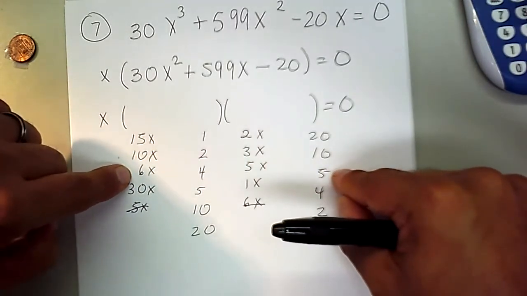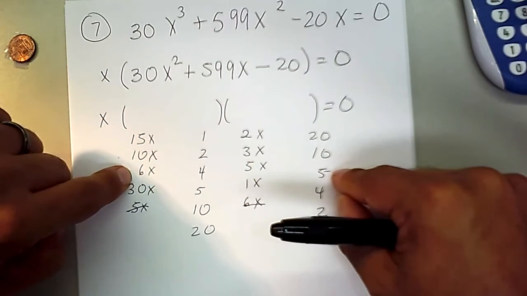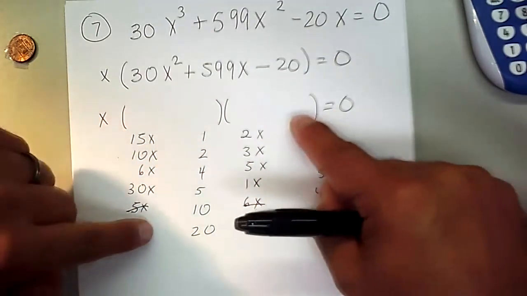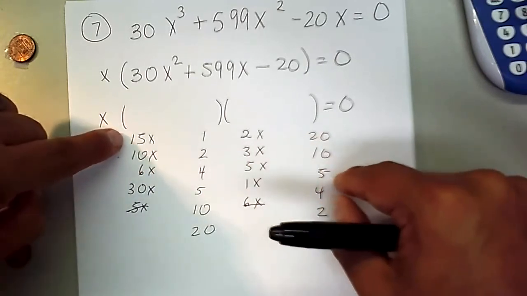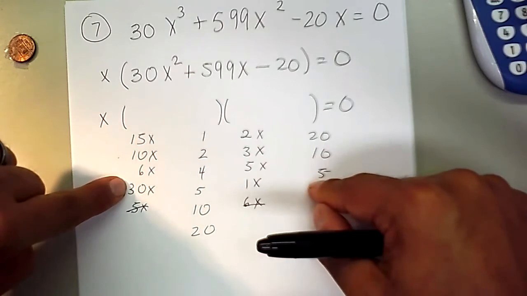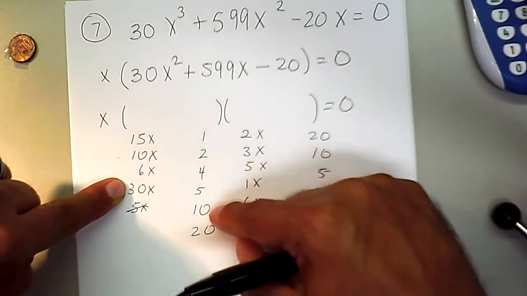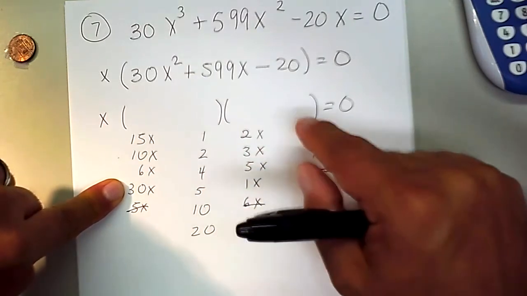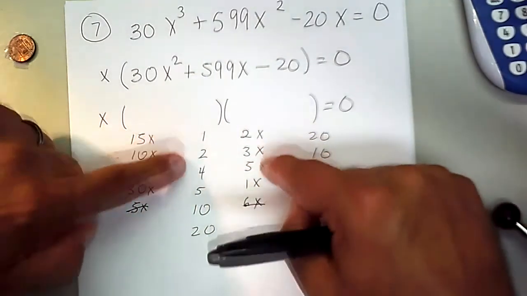Actually, I don't have to go in order. I have to kind of check all. Whoa, there's a lot of combinations. There's actually 24 ways to combine outer terms with inner terms.